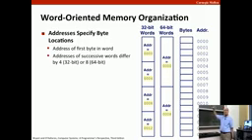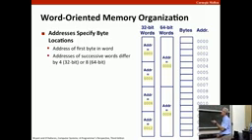And we also will generally try to align these so that, for example, a 32-bit word would be aligned so its first byte, its lowest byte, has all zeros in the lowest 2 bits.